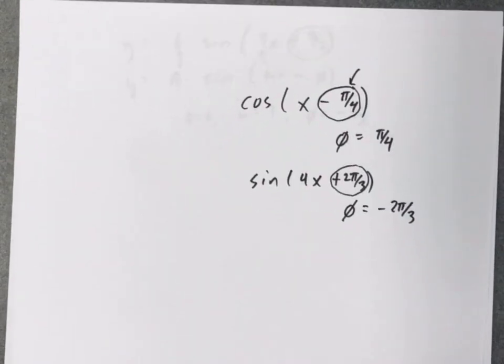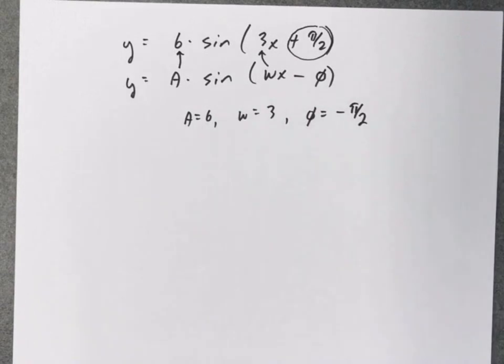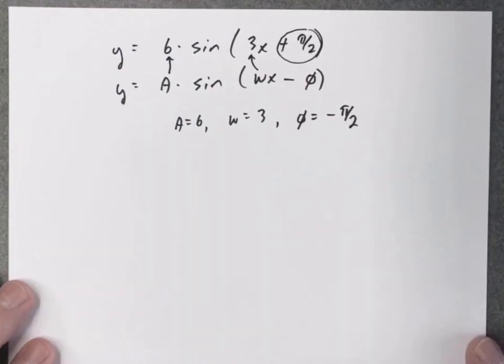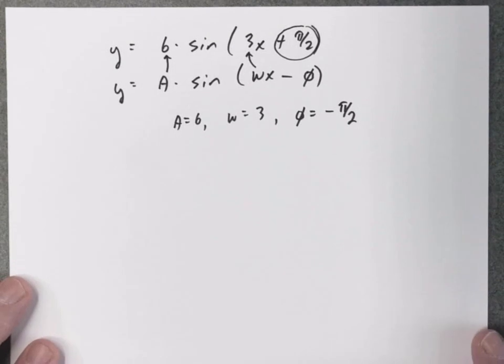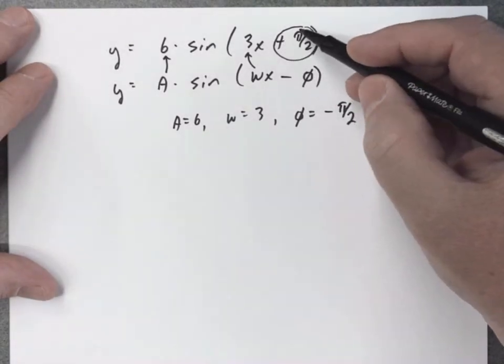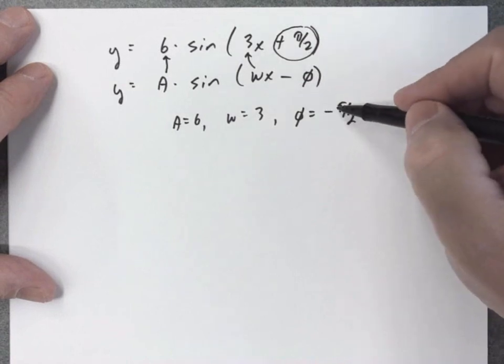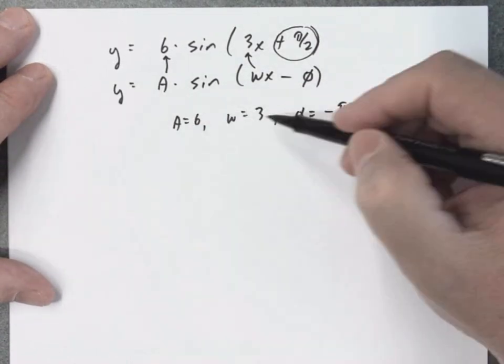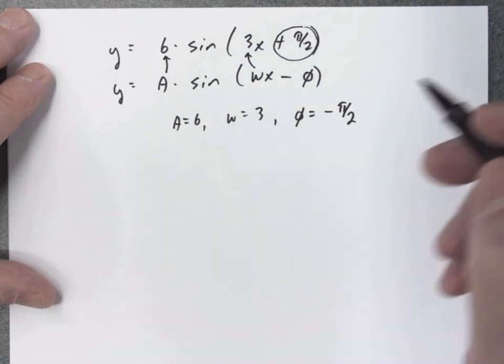So that's just a rule of thumb that works every time, and it's a good way to keep from making a mistake on the positive and negative signs. So for this one, since I got a positive pi over 2 here, my phi is actually negative pi over 2.